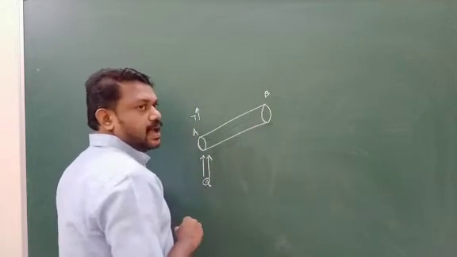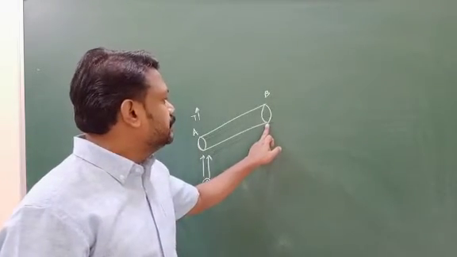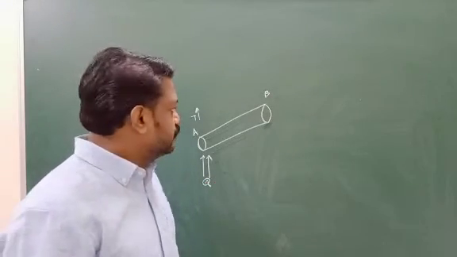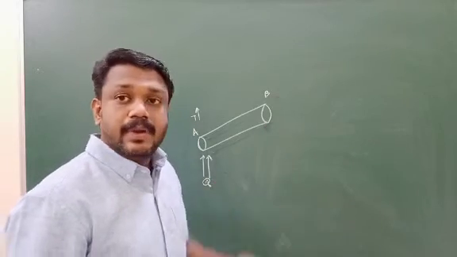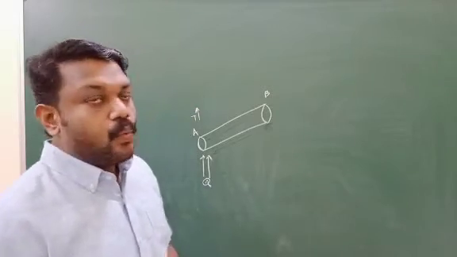Slowly you can find that the temperature of end B is also increasing. You are not directly heating end B, but you can find its temperature also increases as time goes. What is the reason for that?